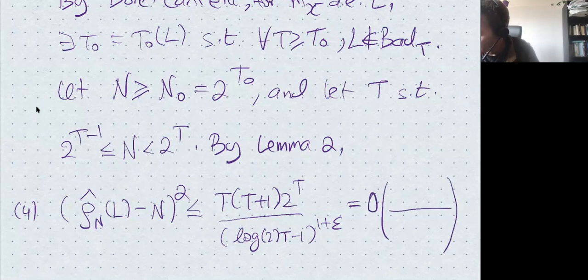t is approximately log n. So from this we get log n squared, and 2 to the t is approximately n. So up to constants, this is O of n times log n squared, and the denominator is log n to the power 1 plus epsilon.